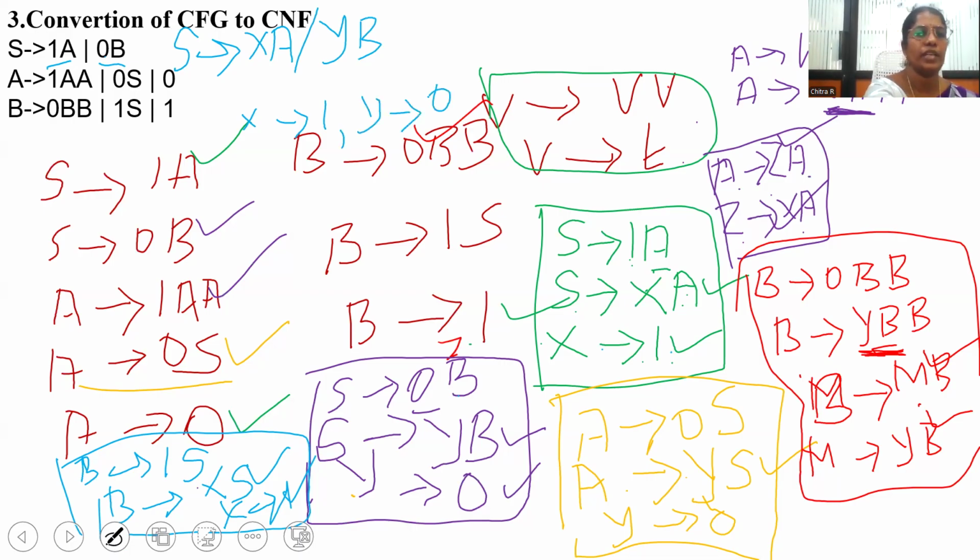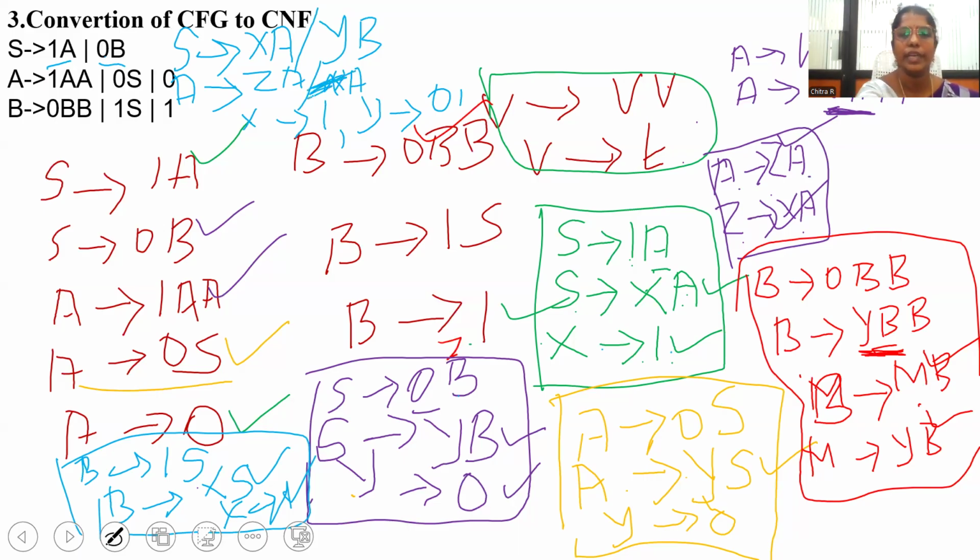Okay, then go to the next one. A tends to 1AA. 1AA is converted as ZA, comma, XA. Already we have defined the value of X. What is Z? Z is XA. So we should write Z also: Z tends to XA.